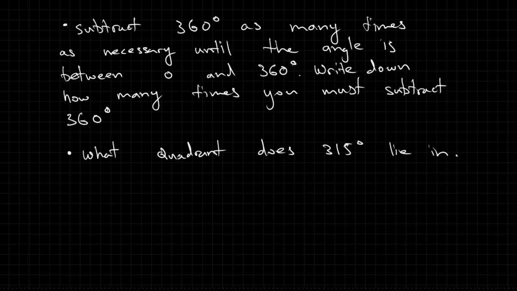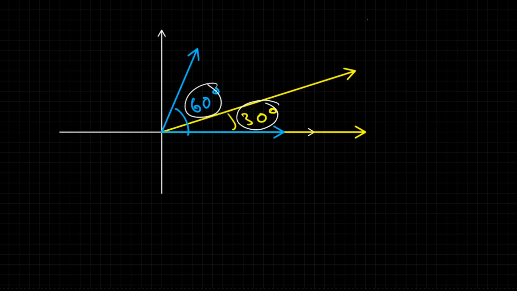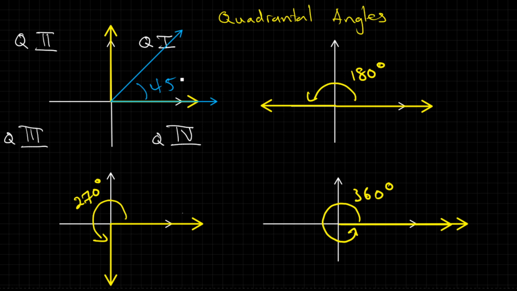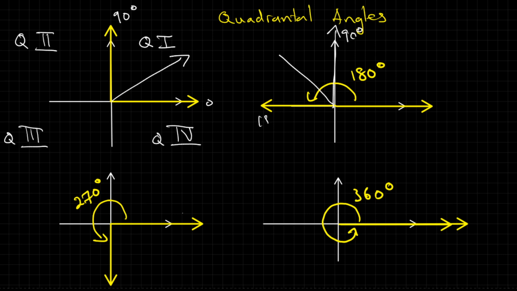And the reasoning for this, of course, is we know what the so-called quadrantal angles look like. So an angle in quadrant 1, somewhere over here, is going to be between 0 and 90 degrees. An angle in quadrant 2 is going to be between 90 degrees and 180 degrees. And an angle in quadrant 3 is going to be between 180 and 270, because the negative y-axis is 270.